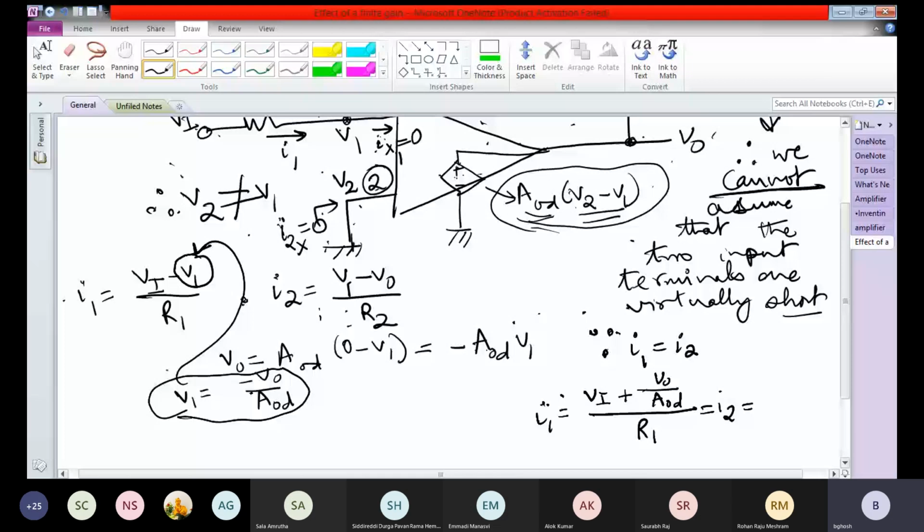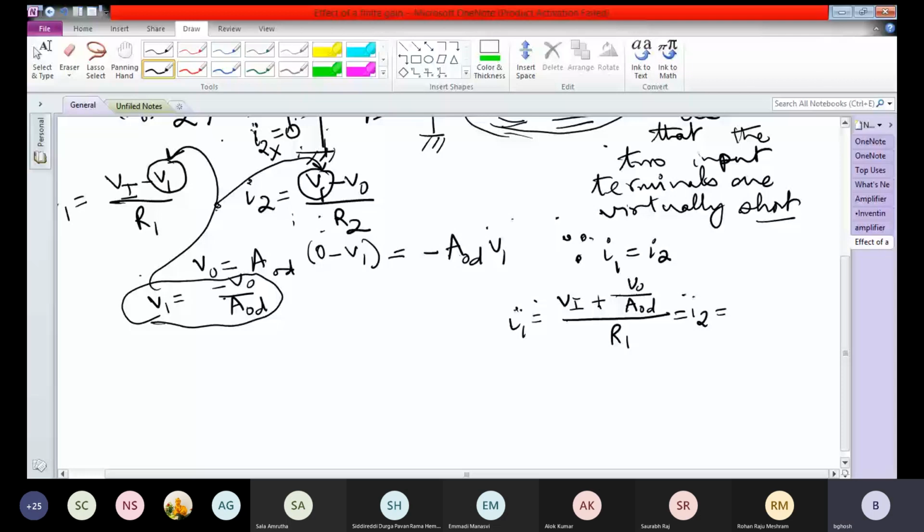Then replace V1. And then solving for V0 by Vi from this expression.